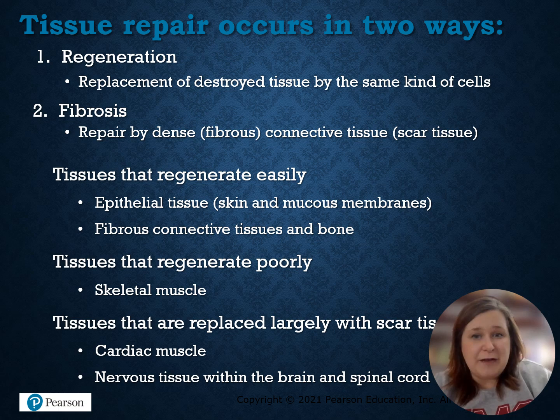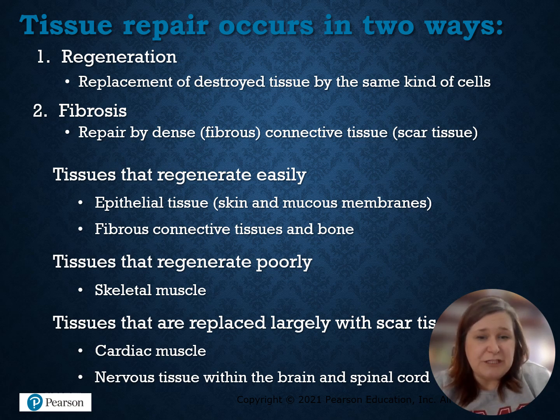Tissue repair is going to occur in one of two ways. You can either have regeneration or fibrosis. Regeneration is going to be the replacement of destroyed tissue by the same kind of cells. And fibrosis is going to be the repair by dense or fibrous connective tissue. Fibrosis is what happens when we end up with scars.